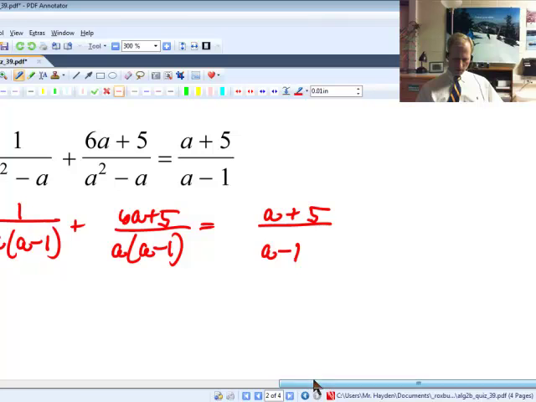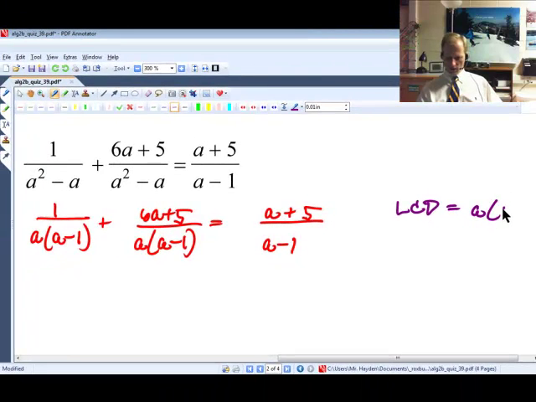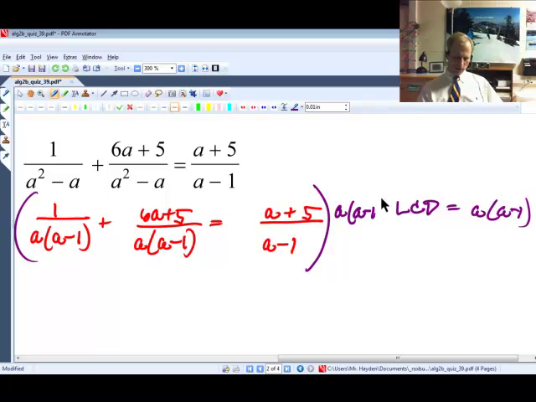And that means my LCD is going to have an a minus 1, and it's going to have an a, and it's only going to have one of each. So I'm going to have to multiply everything by a times a minus 1 over 1.